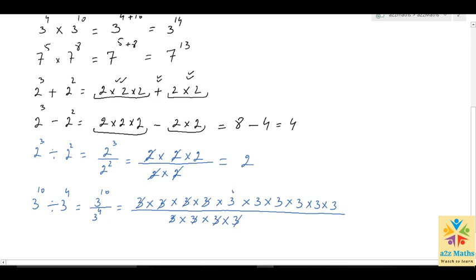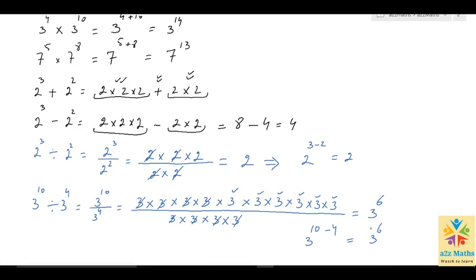How many are left? 1, 2, 3, 4, 5, 6. So this is 3 to the power 6. Now can you figure out the rule? Yes, you're right. In the first case we can do 2 to the power 3 minus 2, and the result is 1. In this case we can do 3 to the power 10 minus 4, and the result is 6.